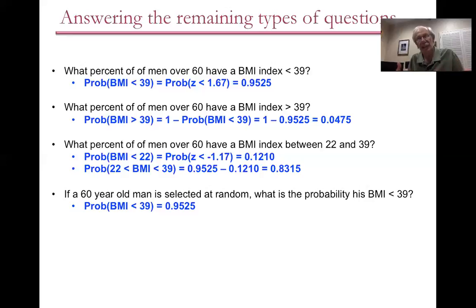So you're beginning to see what you can do with this. If you were to find a person with a BMI greater than 39, there's about a 4 or 5% chance that you would find such a person. So that's a rare person, which in this case is indicating that the BMI is very much higher than normal.